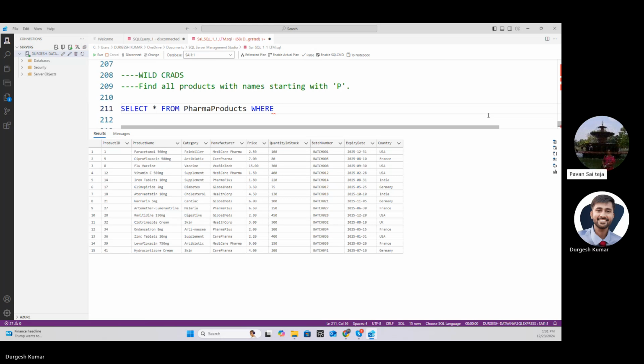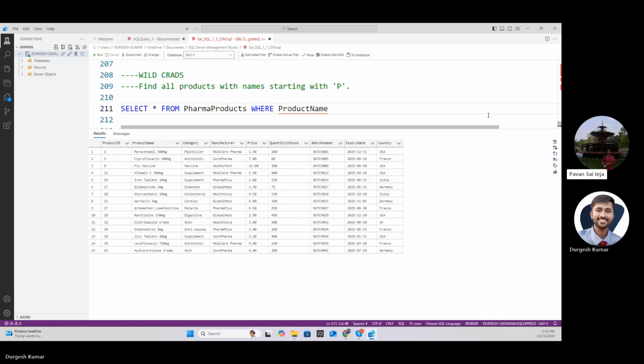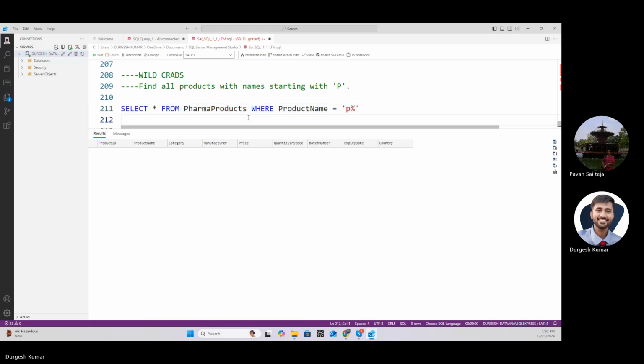Where name like, product name equals the string P and percentage in strings. Okay, let's see. There is nothing. So what is incorrect in this?